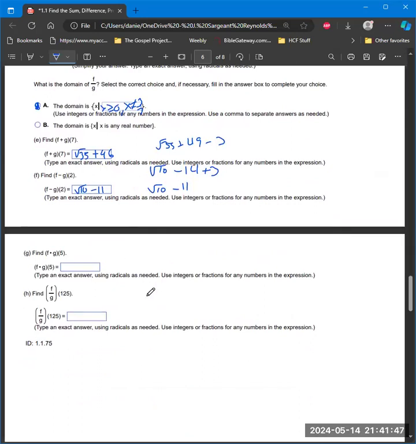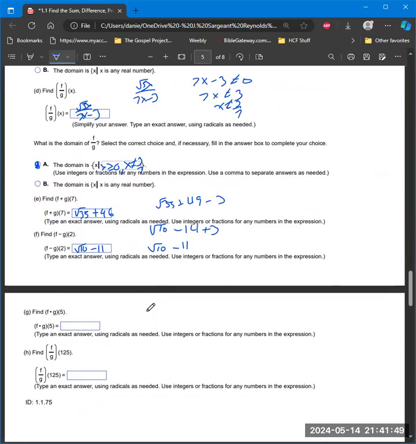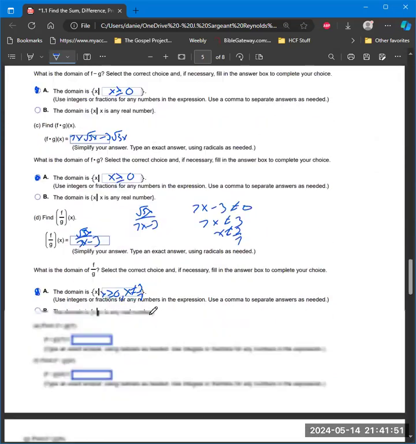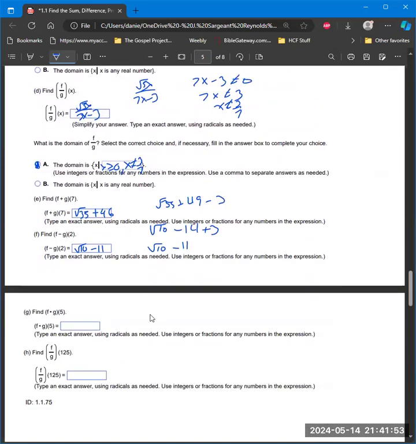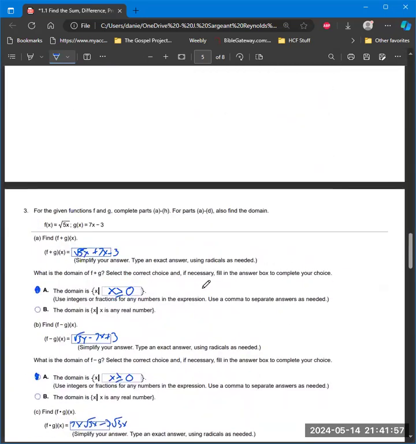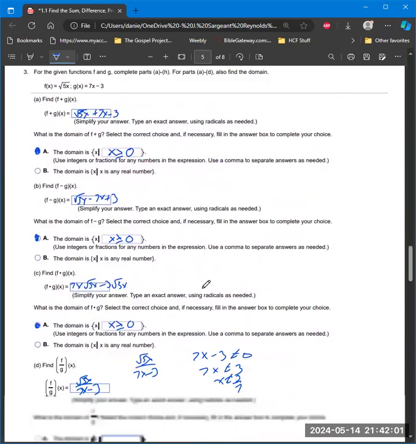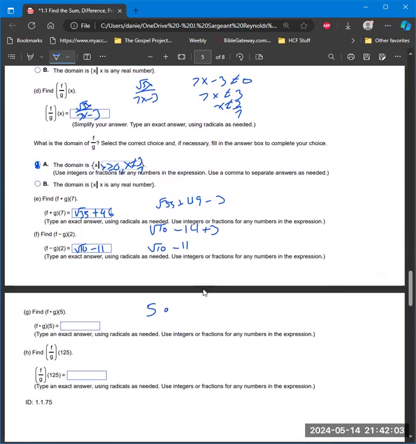Now, f of 5 times g of 5. f of 5 is going to be root 25, which is 5, times g of 5, which is 35 minus 3, is 32. So that's 160.